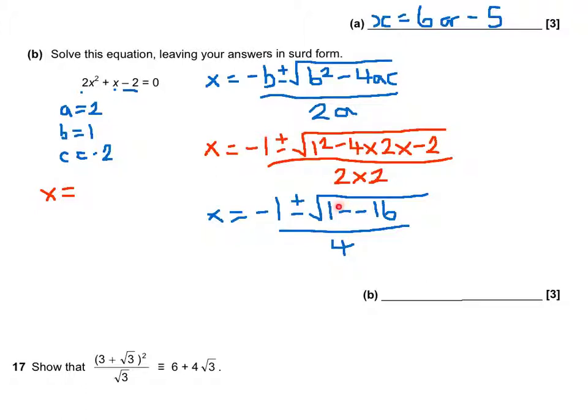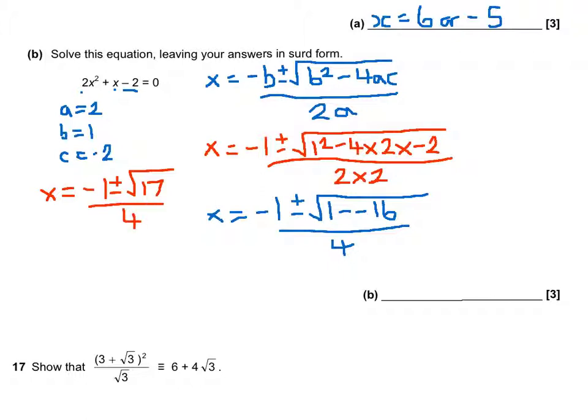If we have a look here, I've got 1 minus minus 16, which is going to change to a positive, so I'm going to have 1 add 16. So we're going to have x equals minus 1 plus or minus the square root of 17 over 4.